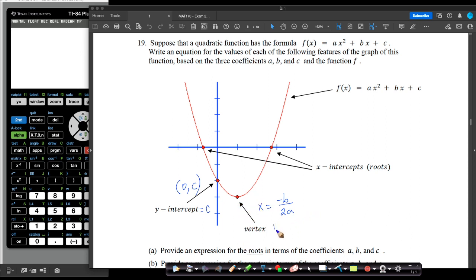The y-coordinate would be the function value at x. So we're plugging in x, so it would be whatever that function value is at minus b over 2a. You plug it into the function. If you had your a and b, you would get the y value now. So that's going to give you your actual vertex point.